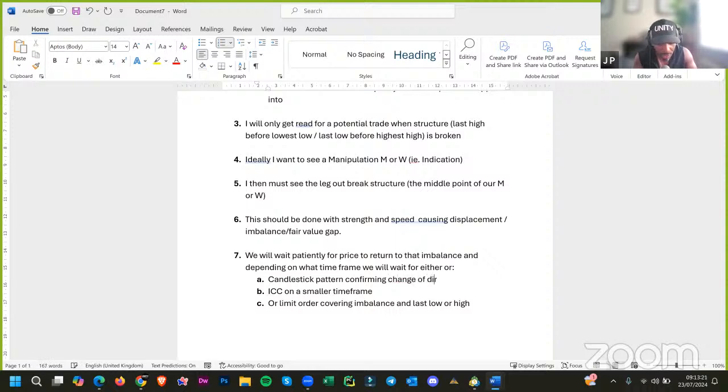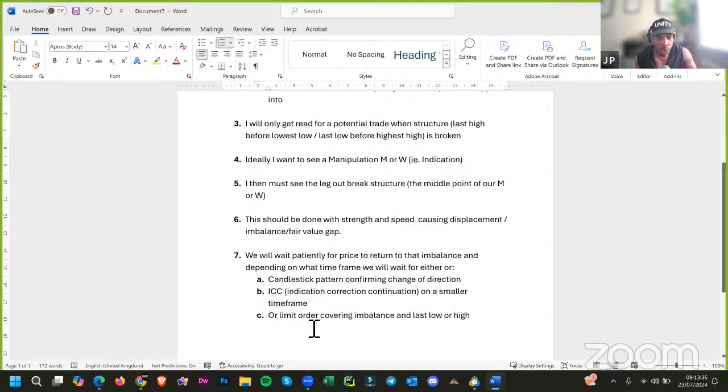of direction. All right. ICC, which ultimately we're talking about indication, correction, continuation on a smaller time frame, or a limit order covering the imbalance and last low or high. I'm just talking about where you're going to place your stop or limit order.